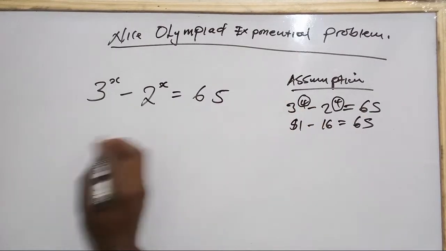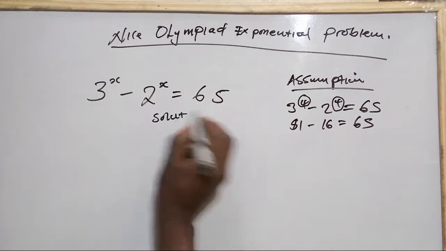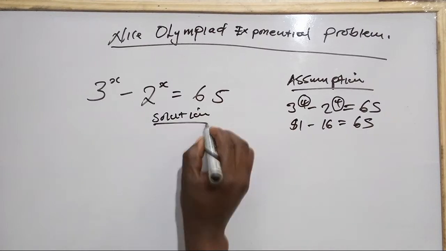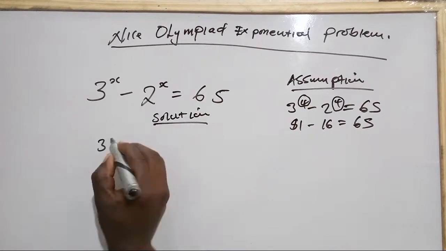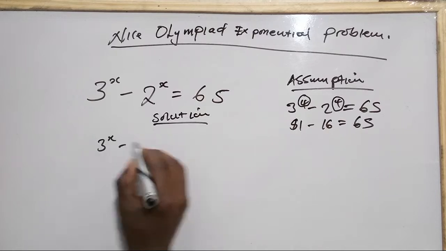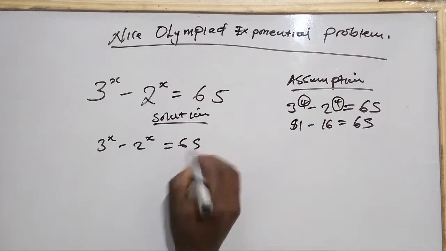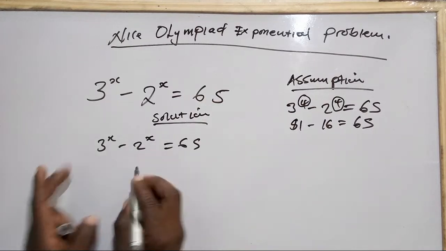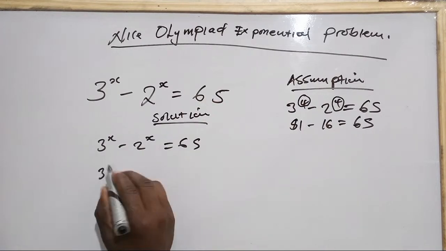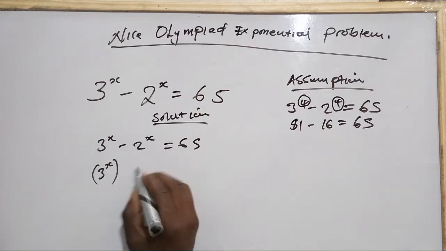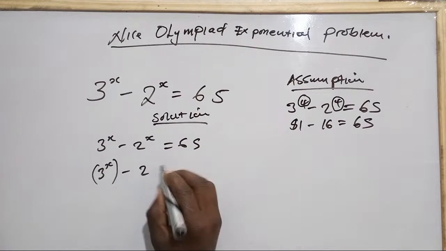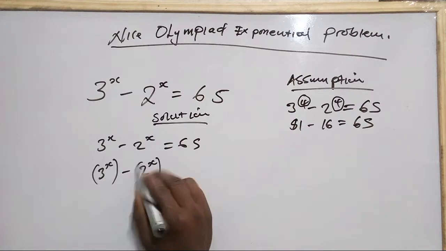Let's get started. For the solution, we have 3 power x minus 2 power x equals 65, right? We can take these values into brackets.